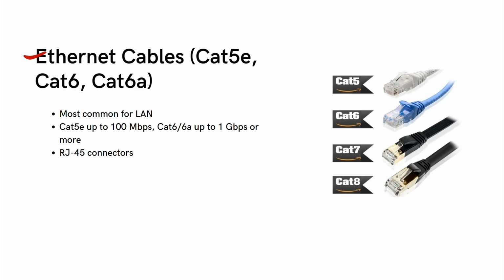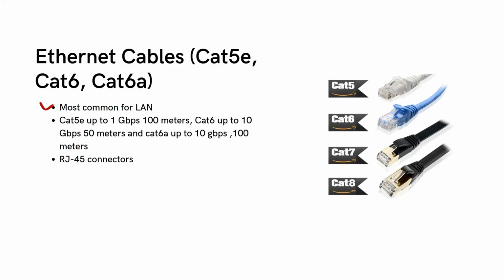Ethernet cables. Ethernet cables are mostly used for a LAN, local area network, and it is a copper cable. And as you can see this image, these are the Ethernet cables. Cables speed is Cat 5 is up to 1 Gbps for 100 meters, Cat 6 up to 10 Gbps for 50 meters, and Cat 6A for 10 Gbps for 100 meters, and it has RJ45 connectors.